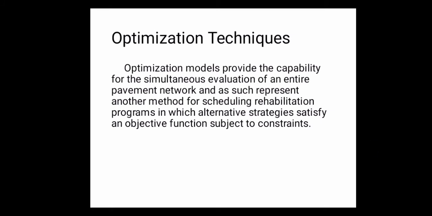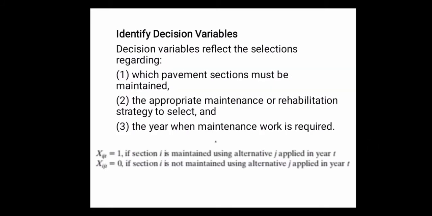Let's talk first about identifying decision variables. Decision variables reflect the selection regarding which pavement section must be maintained, the appropriate maintenance or rehabilitation strategy to select, and the year when maintenance work is required. The following set of binary variables with values of 1 or 0 are used to represent these decisions as follows.